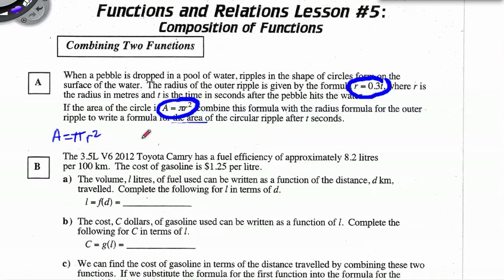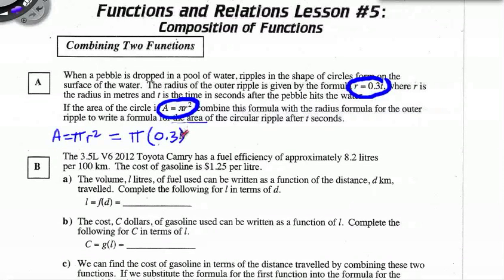However, if we use this value here for r and substitute it in here, we can rewrite this a different way with t. So we're going to replace r with 0.3t.